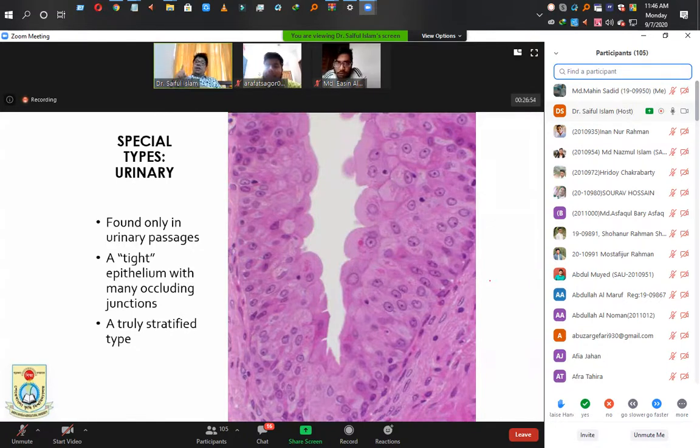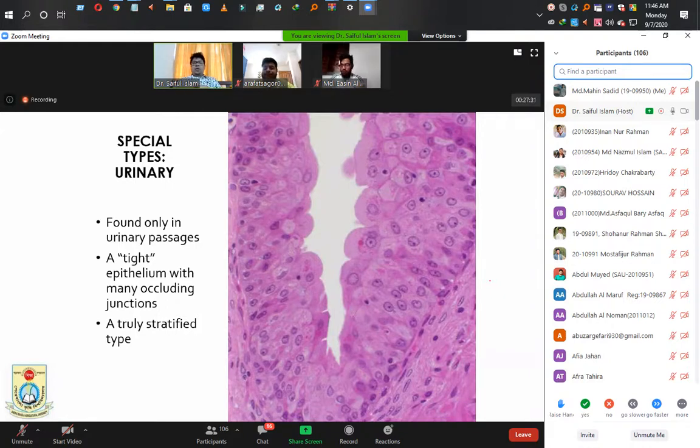At the very beginning, I said that there is a close relation between structure and function. Structure dictates function, and sometimes function dictates the structure. The best example is the urinary system. The urinary tract is lined by a special type of stratified epithelium called transitional epithelium, urinary epithelium or urothelium.